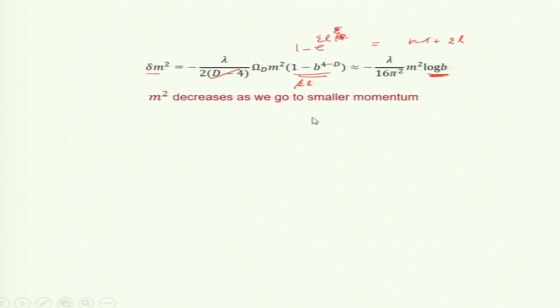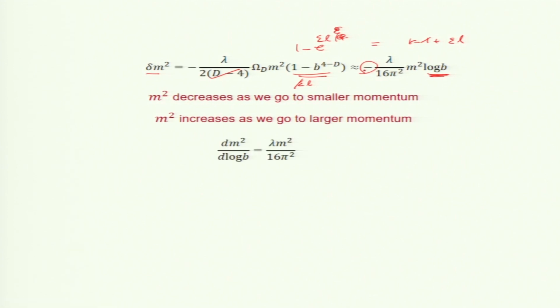Now, again we need to stop a minute. m squared decreases as we go to smaller momentum, there is a minus sign sitting here. Now I need to go to higher momentum, so I need to change minus to plus. I change this sign if I go from lower wave numbers to higher wave numbers. So, this becomes plus. Now, this can be solved. In fact, this is a bit simpler.